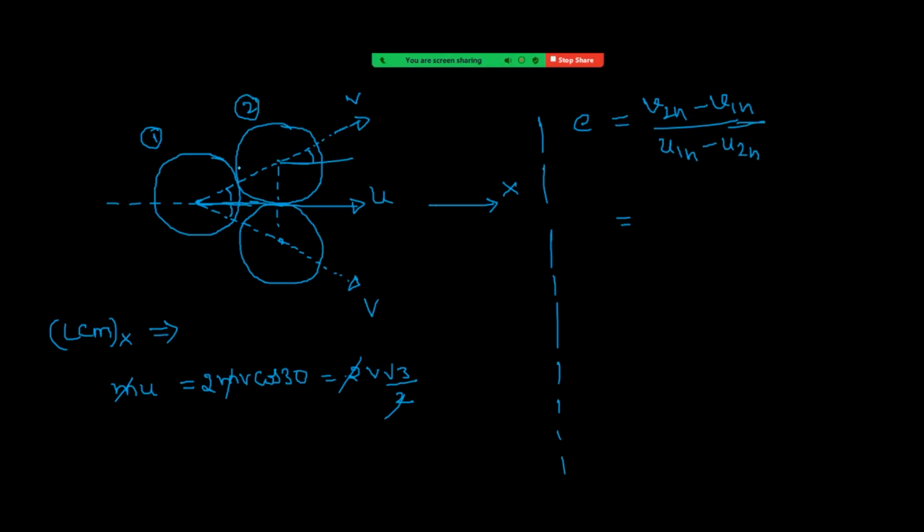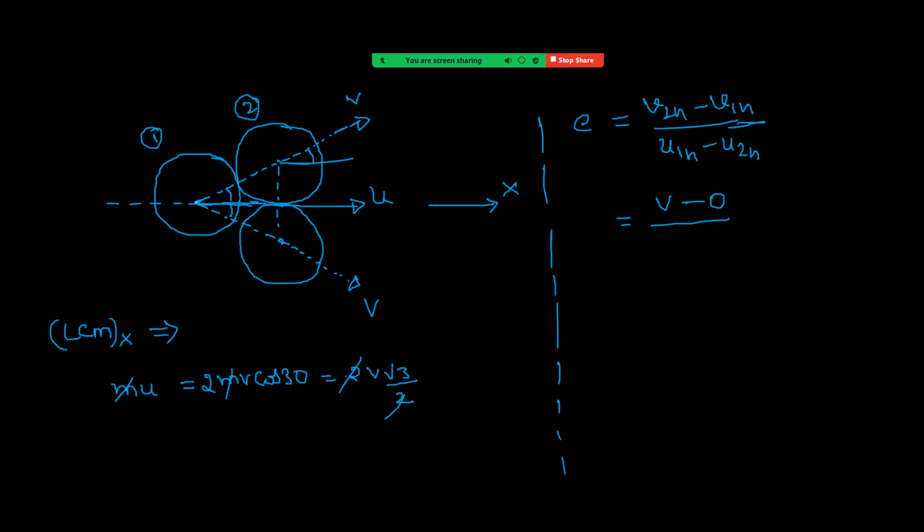V2, I'm taking this as the second body. V2n is nothing but V, because its velocity is along the common normal. This is V. So follow very carefully how we are taking components. V1n, after collision the first body comes to rest, so 0, upon U1n.